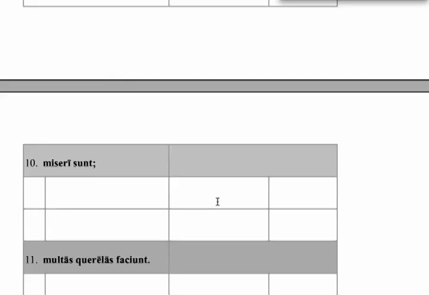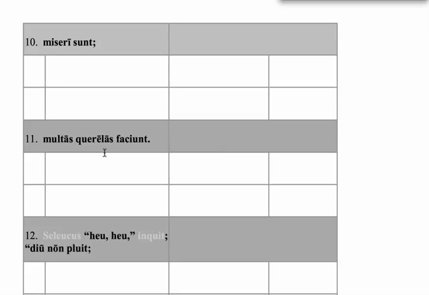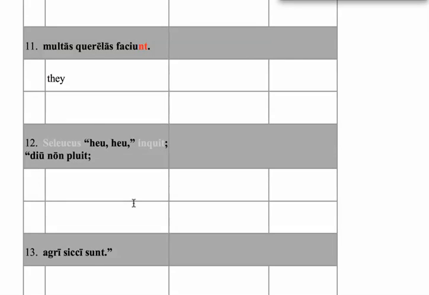Let's do a few more. We'll come back to the sunt and est verbs. Faciunt, there's no subject, no nominative, but because that ends in NT, you can assume they is the subject in English. So put that in the lower box.